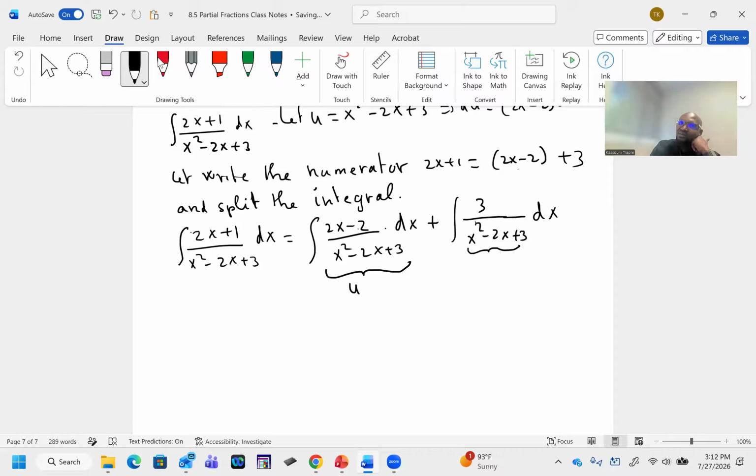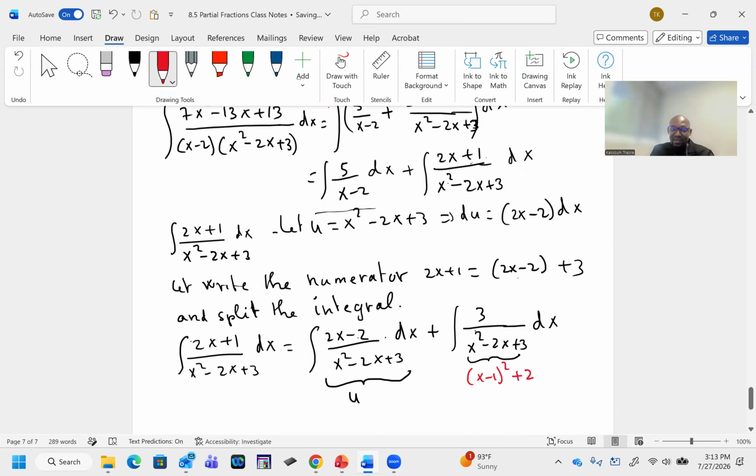I'm going to go a little bit fast so you know what we are doing, okay? So this can be rewritten as x minus 1 squared plus 2. So I will have 3 divided by x minus 1 squared plus 2, which looks like the tangent inverse integral. So you will see that there.